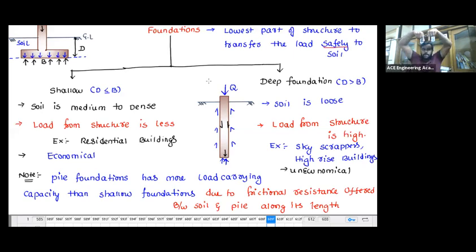In order to resist this, the soil will offer a frictional resistance upward, which is nothing but skin friction. So due to this skin friction, pile has more load carrying capacity.